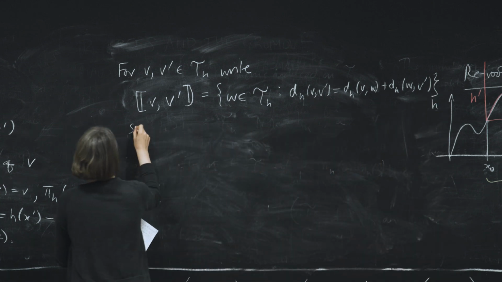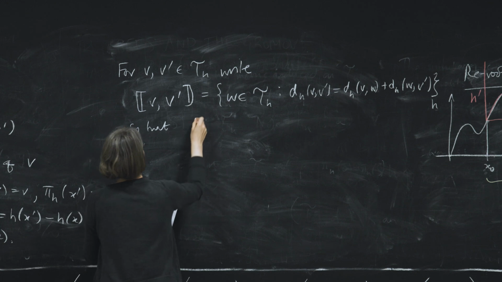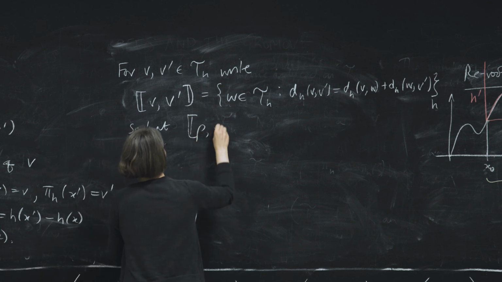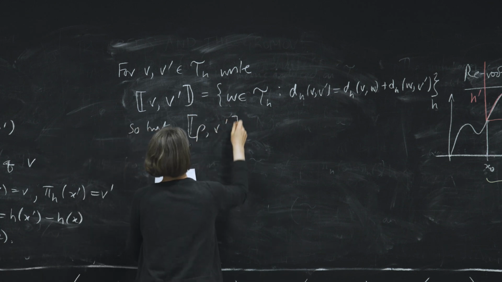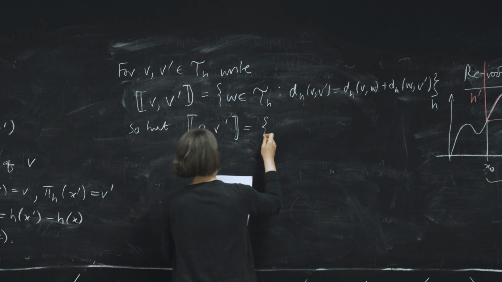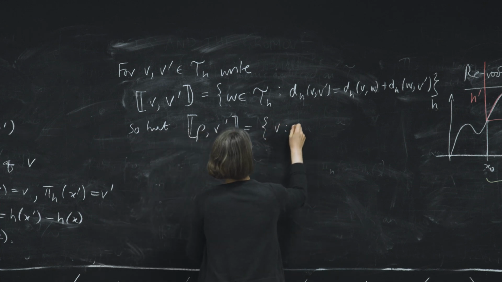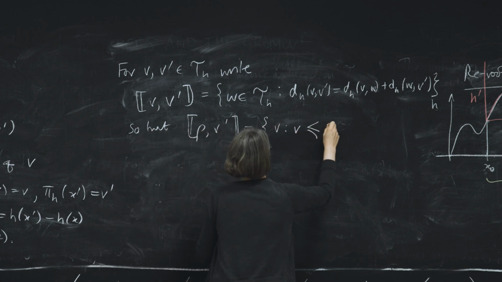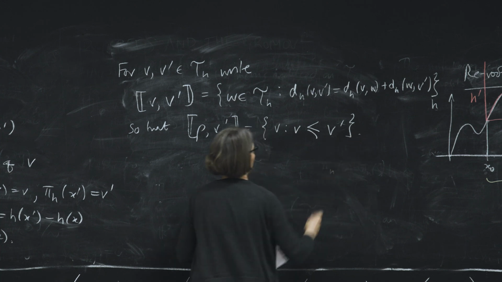So if I look at the path between the root and the vertex v primed, then that's precisely the set of v such that v is less than or equal to v primed in my partial order.